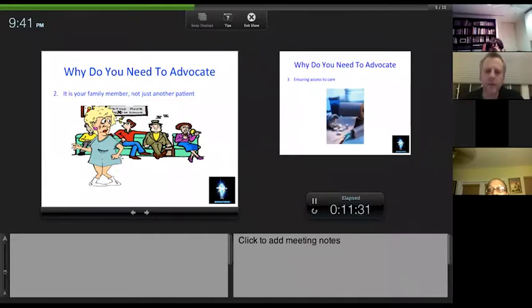We could have believed the diagnosis in terms of how many months she had to live, or we could have advocated to get her on different clinical trials or access to drugs or access to services that if we didn't push for them, nobody else would have. There's social work teams at every institution, at every clinic, at every hospital.